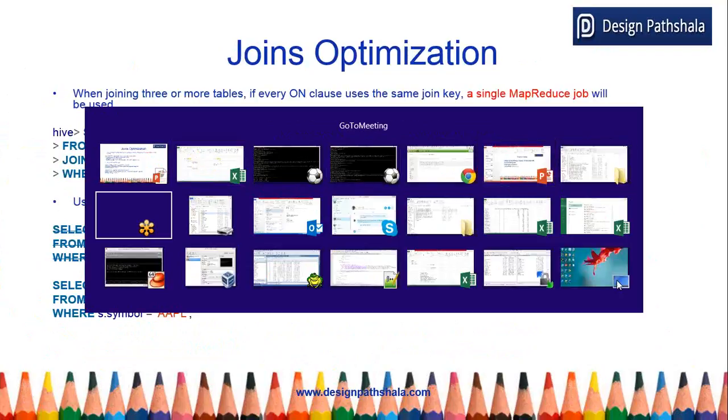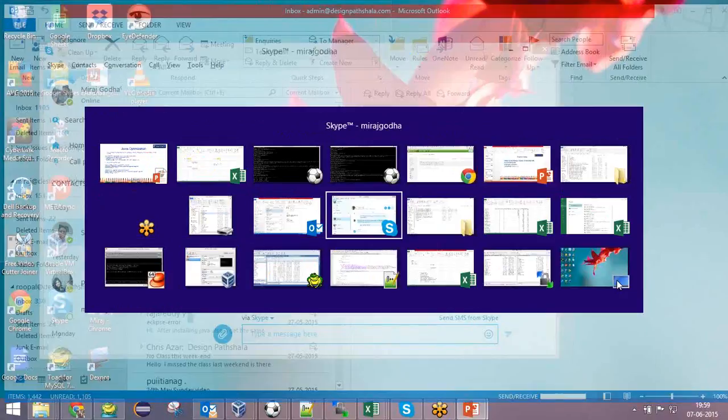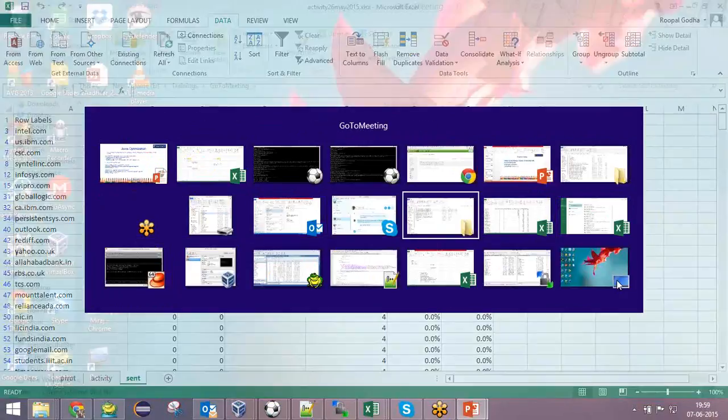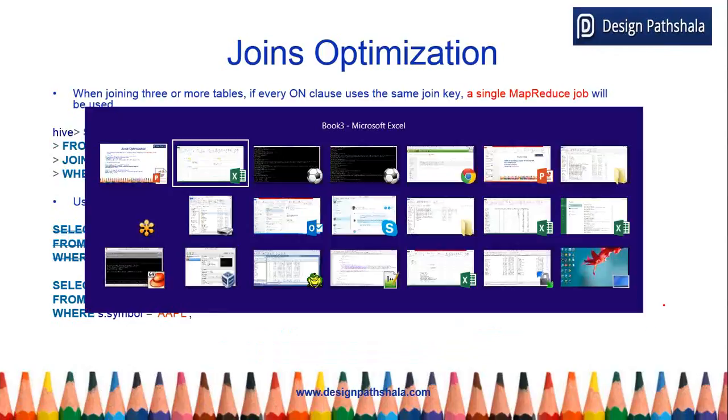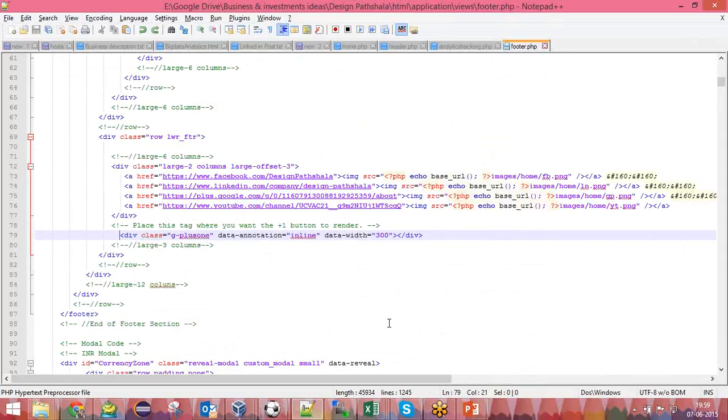So what I'm saying is, select star from A, comma B, where A dot ID is equal to B dot ID.